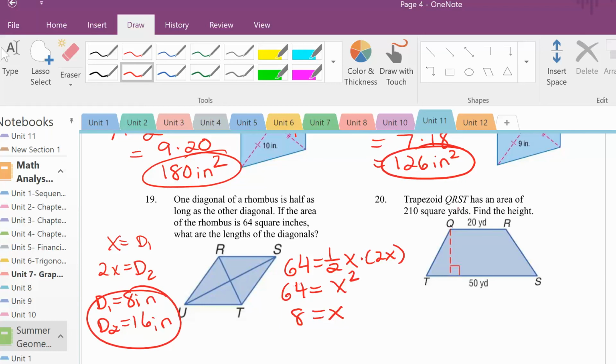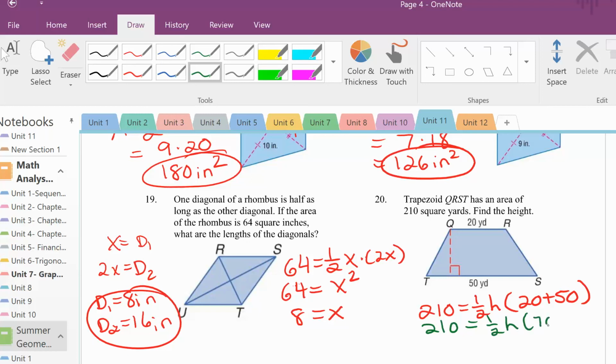All right, trapezoid QRST has an area of 210 square yards. Find the height. So remember, area is equal to 1/2 the height times the sum of the bases, which are 20 and 50. So since it's 1/2 here, we will go 210 equals 1/2 the height times 70.